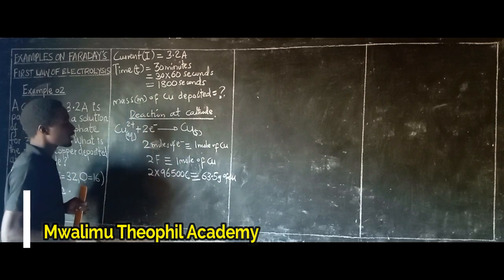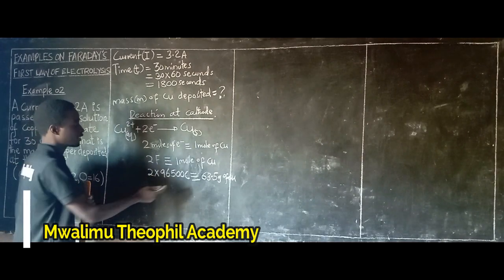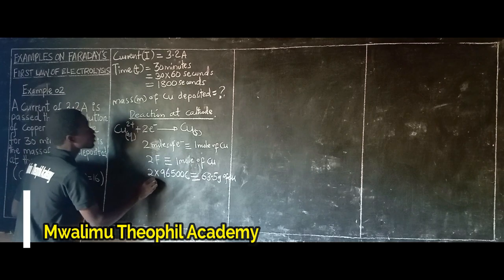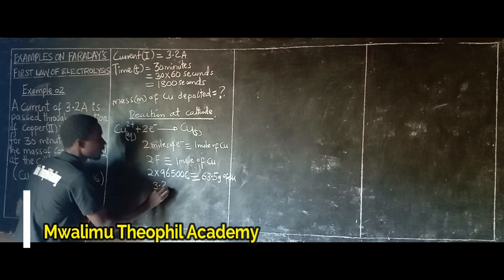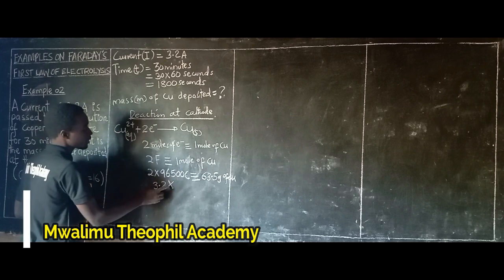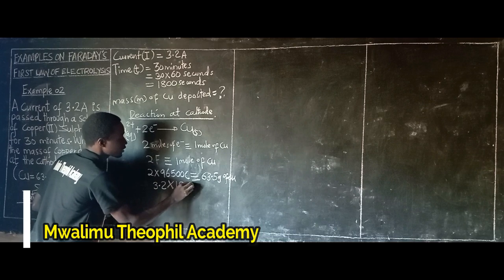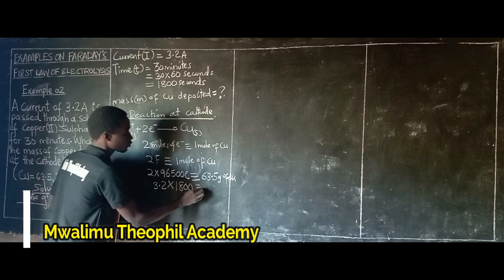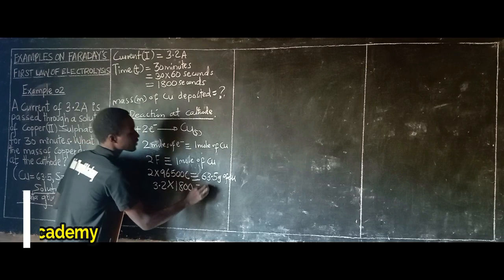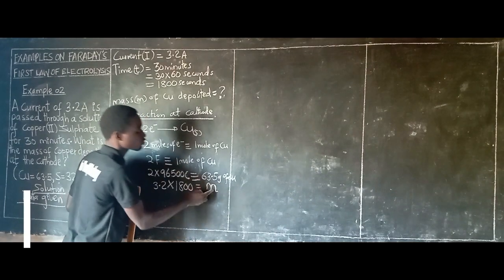As I've told you, when we take the product of current and time, we get the charge in coulombs. So this 3.2 ampere times 1,800 seconds will be equivalent to how much mass, m, as the mass which is required is not known.